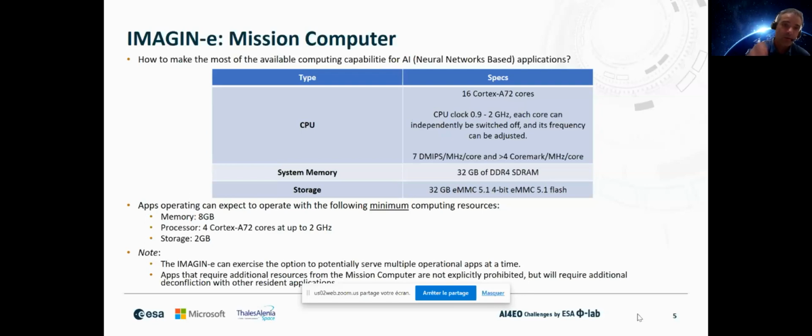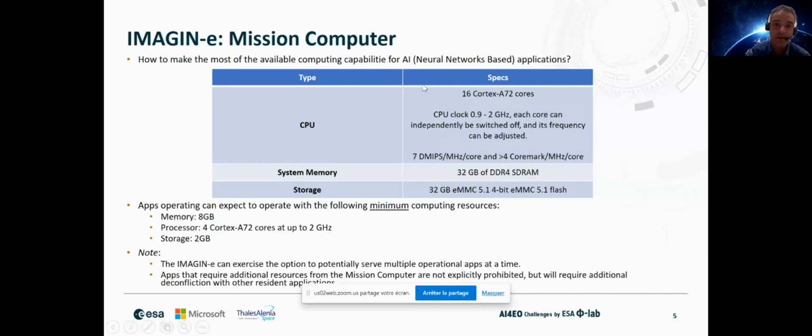The key question is how to optimize properly our AI application. We have seen previously that neural networks in particular can be huge, and they take a lot of memory and sometimes a lot of CPU resources for inference, and we need to be careful about it. Very important point for the challenge: there will be a guarantee on minimum available resources.